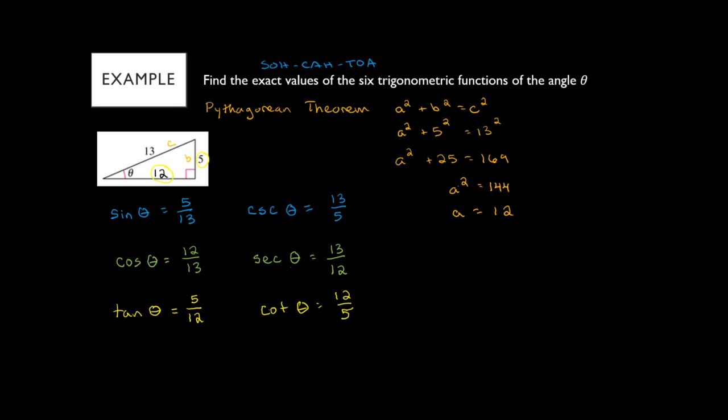Now, it does matter where you label theta. In this example, we are told which angle we're looking for. If we did the other angle, these values would be different. The sine of the other angle is different than the sine of the angle we are given. We never do the sine of the right angle in a right triangle.